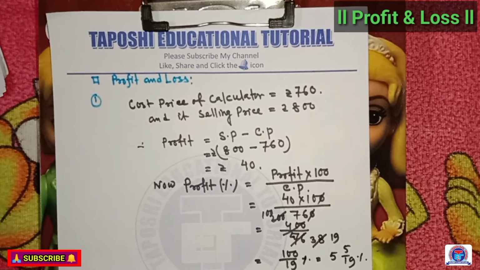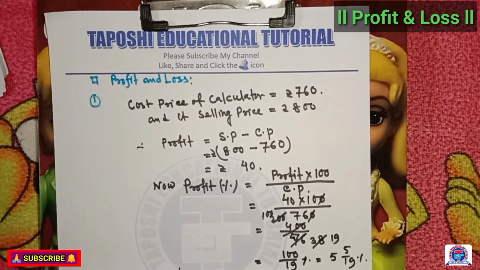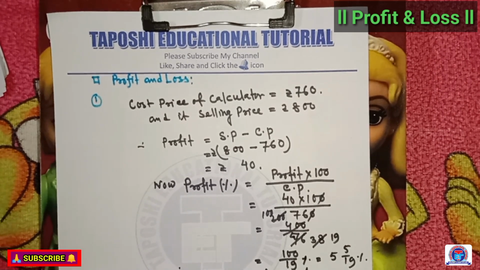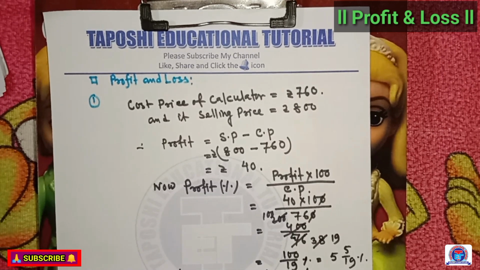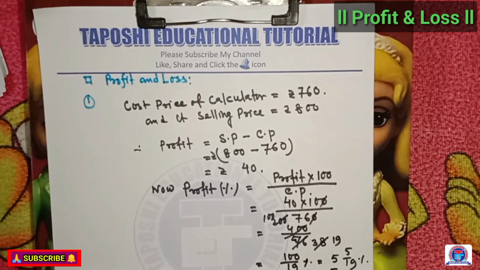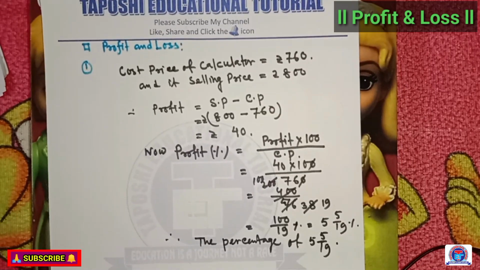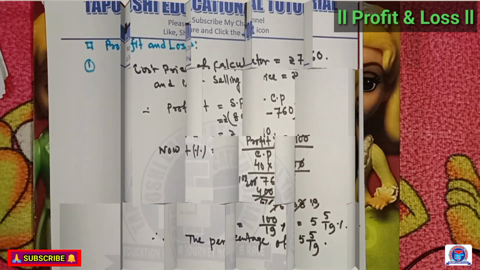Okay, so what is the percentage of profit? Therefore the percentage of profit is 5 whole 5 by 19, correct? This is the answer of this given problem and its solution, correct? I hope student you understood this mathematics problem.